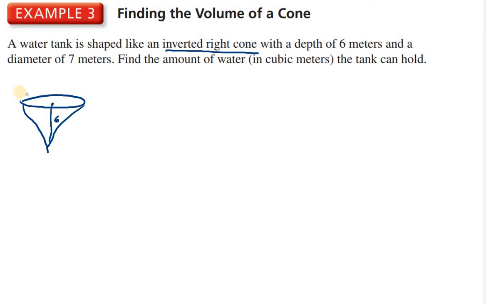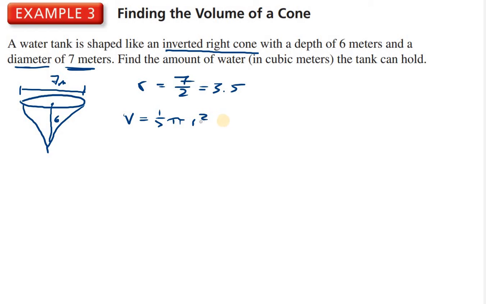Okay, and then a diameter from one side to the other of 7 meters. Okay, so that's not the radius here, careful, that's the diameter. So we want to find the radius. So the radius is half the diameter. So that is 7 divided by 2, which is 3.5. Okay, and then now that we have the radius, we can plug this all in, we get volume is 1/3 pi r squared.